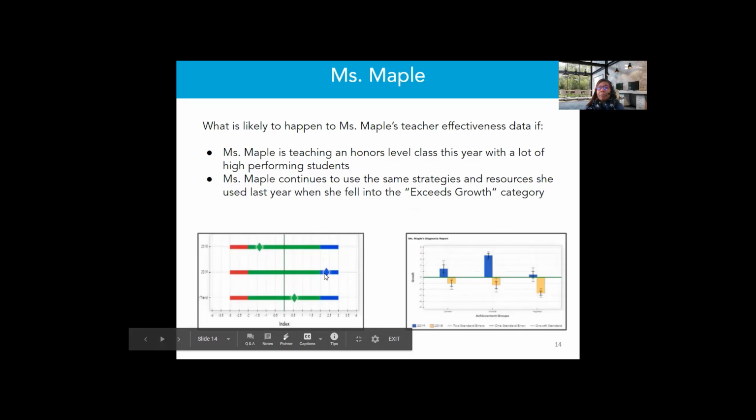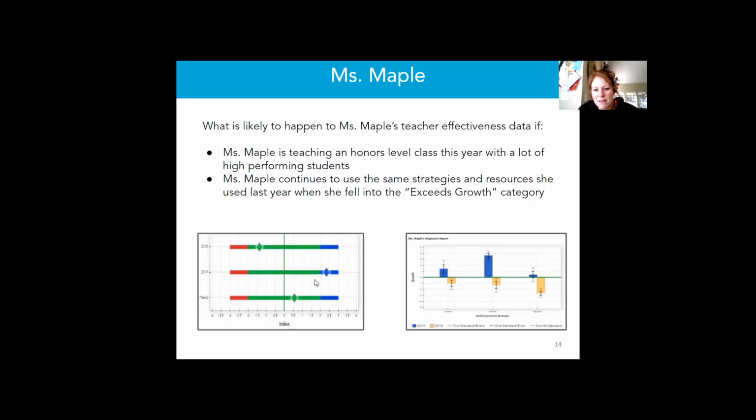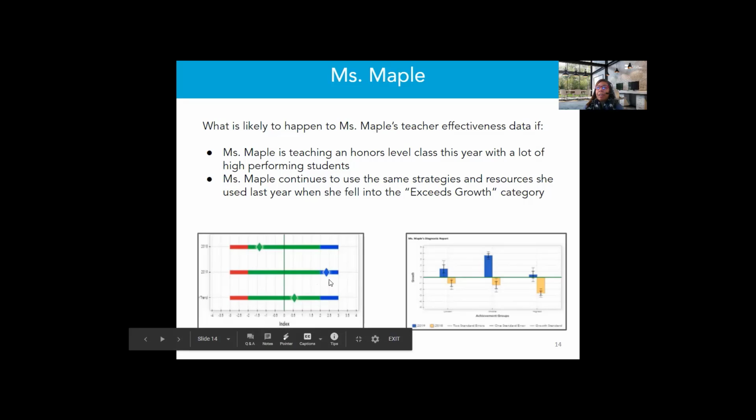Any thoughts about that? So if it's her high kids, she's not moving them as much. So they most likely will stay, not that they're going to go backwards, if she's using the same strategies. Right. And her teacher effectiveness data, what do you think will happen with that?